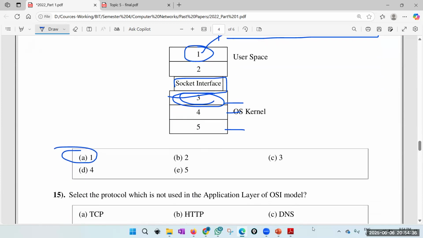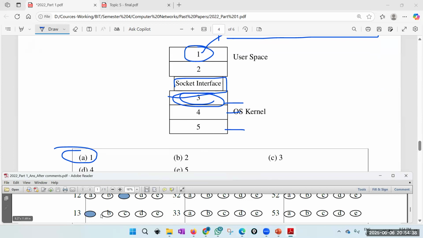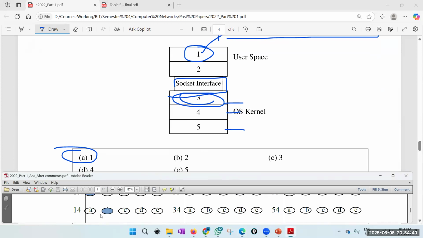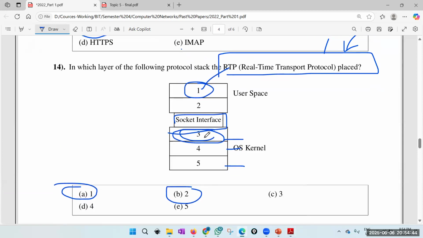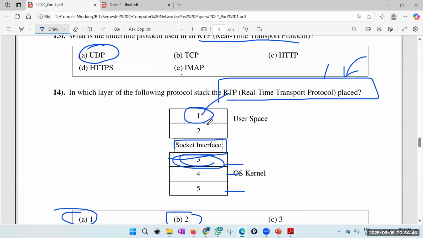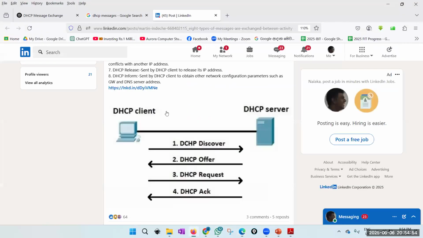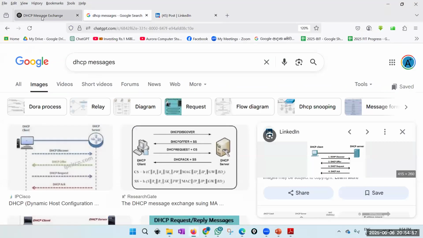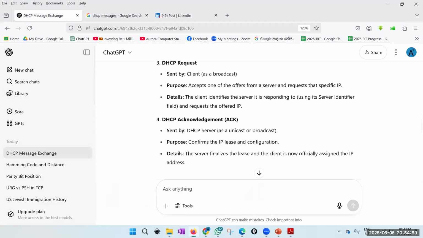Okay. What is the examiner's answer? The examiner has taken it as 2, B. That means the examiner has taken that RTP is here. So then RTP is not in the application layer, right? Because there's a layer above that. Okay, shall we ask ChatGPT, in which layer does RTP belong?